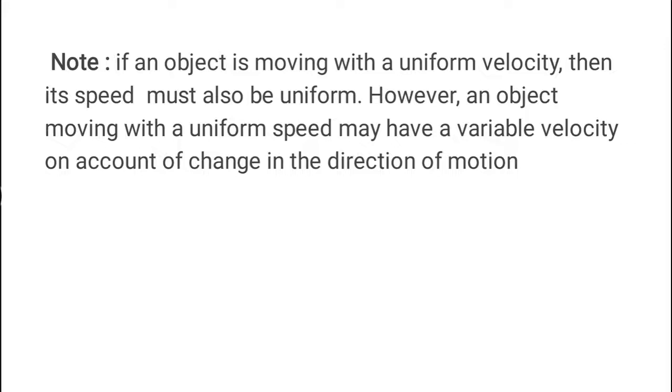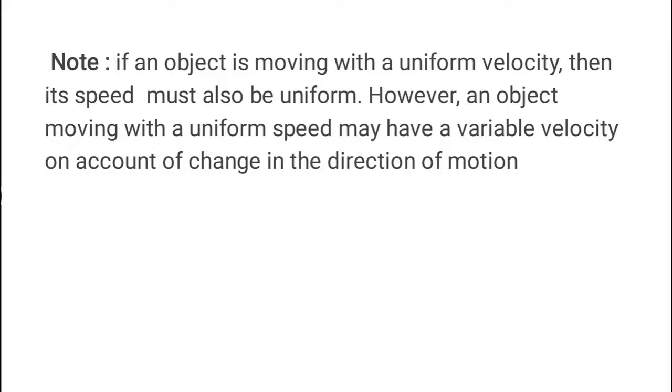But if an object is moving with uniform speed, meaning constant speed, then we cannot say whether the direction is constant or changing. So it may have a variable velocity. Why? Because it depends on direction. If the direction is changing, then it has a variable velocity. But if the direction is not changing, then it has a uniform velocity.